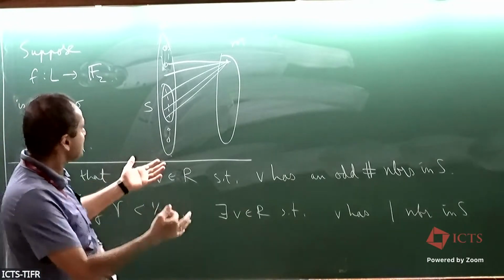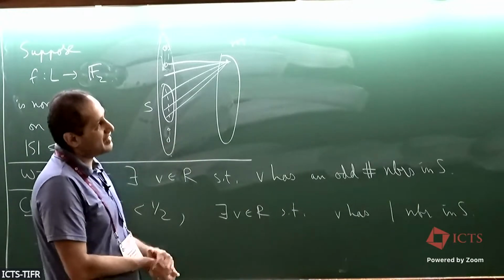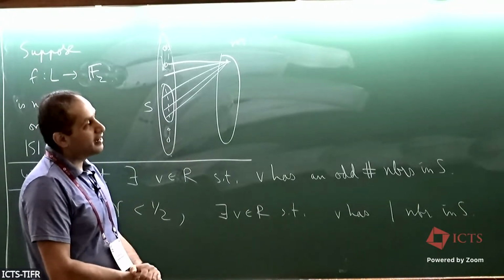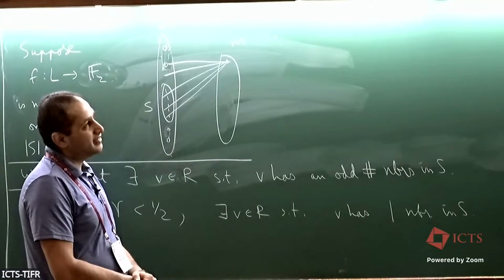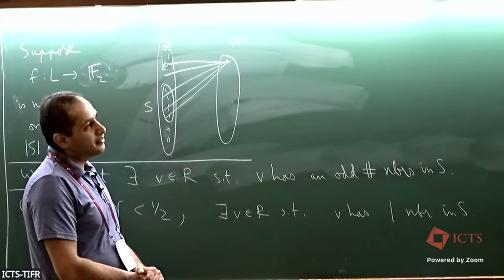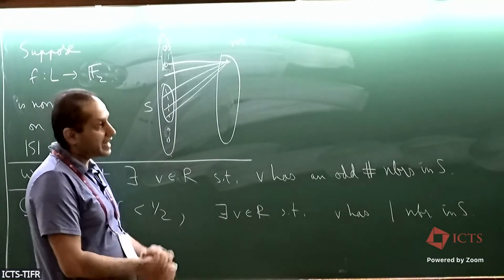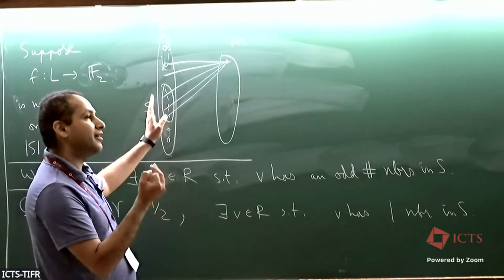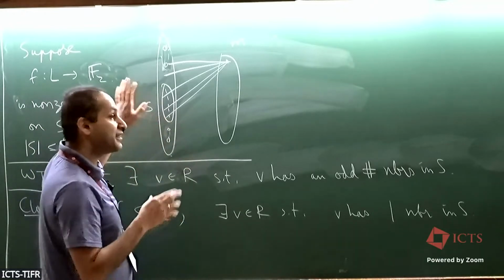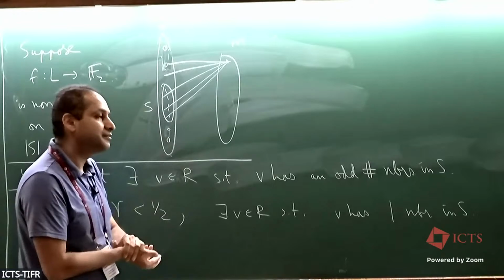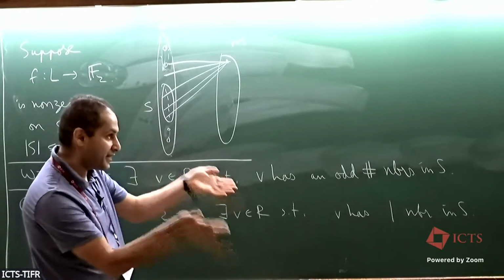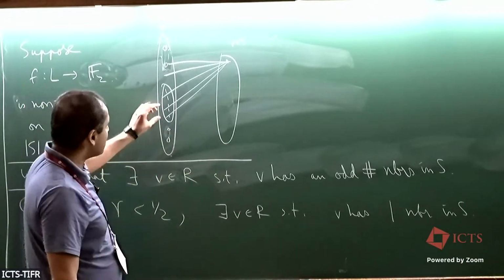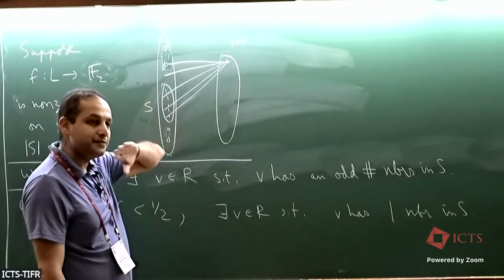What's the general principle that underlies this? Good question. Sets which have an expansion in a big expander, meaning if it has high expansion, small sets have unique neighbors.